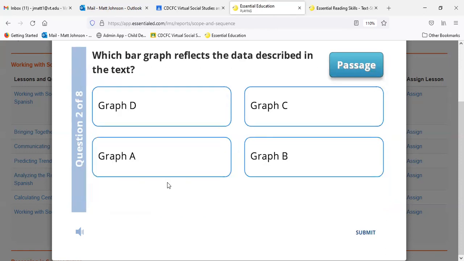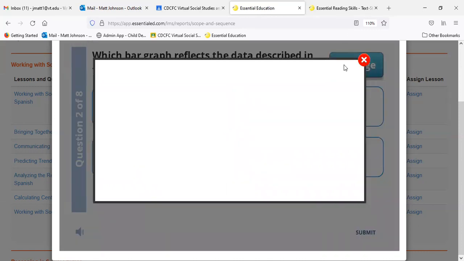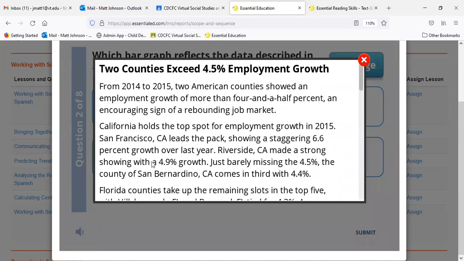Okay. And then, which bar graph reflects the data described in the text. So this one, 2 counties exceed 4.5% employment growth. From 2014 to 2015, 2 American counties showed an employment growth of more than 4.5%. I won't read the whole thing here, but we want to look at the data and the groups of data.